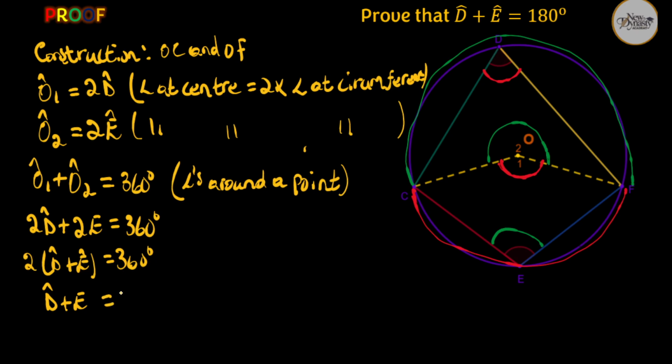Then 360 divided by 2 is 180 degrees. And indeed, we have proven that angle D plus angle E equals 180 degrees. So it means then that our DCEF is indeed a cyclic quadrilateral. And that's how you prove the cyclic quad. That's how you prove this theorem.